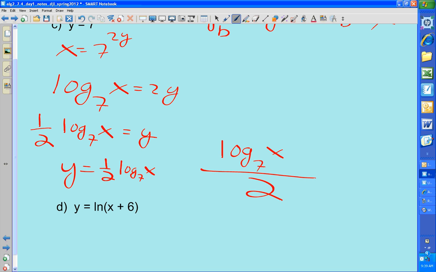What does this mean to somebody else? What is this 1/2 telling you? If you're not looking up here and paying attention right now, you should be. We're looking at this line right here. What does the 1/2 tell you about this equation?